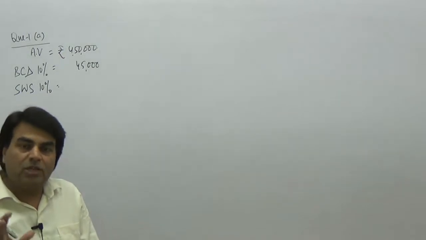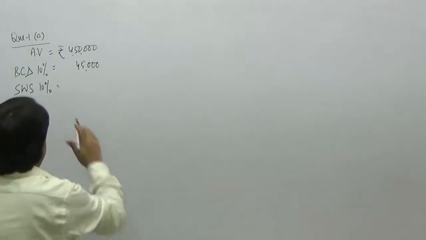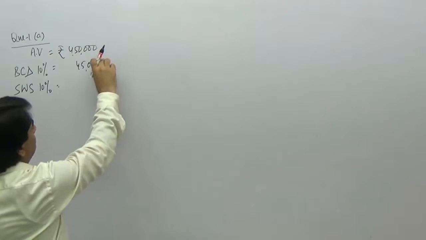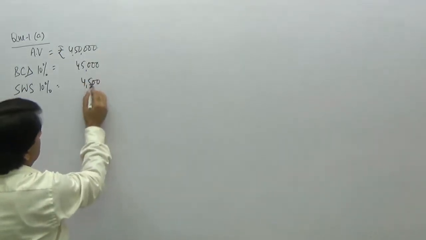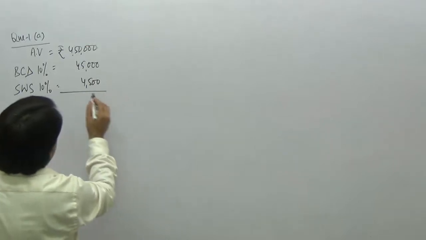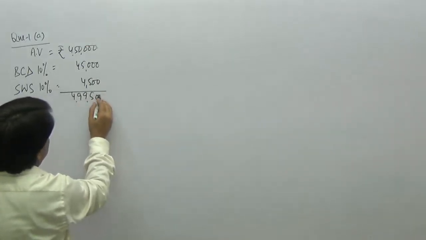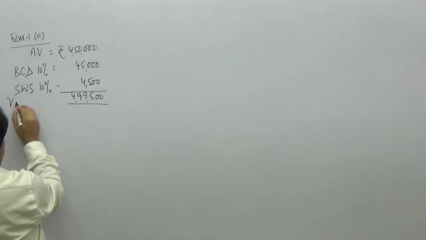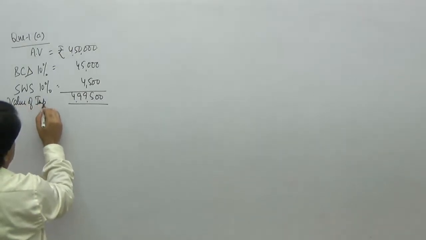Otherwise, in general, the rate of SWS is 10%. So 10% you would apply on the amount of BCD. So 10% of 45,000 comes to 4,500. Now make a total of it, and this would be 4,99,500. This is the amount which we would say is the value of imported goods.